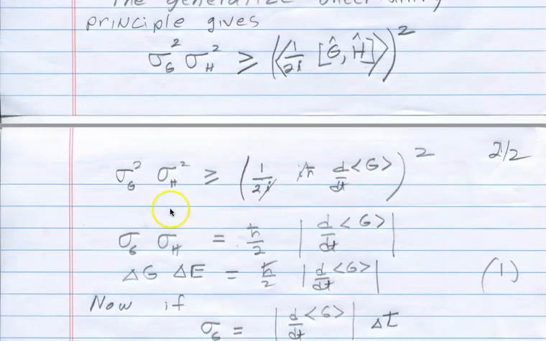I can take the absolute value of both sides, and so h bar over 2 is the absolute value of the time derivative of this expectation value.